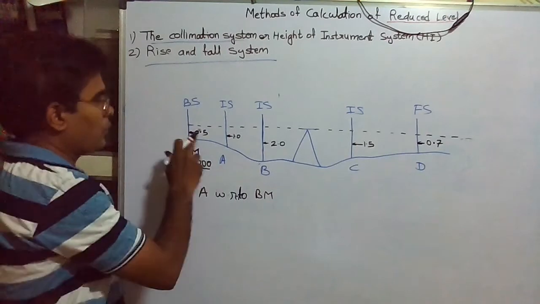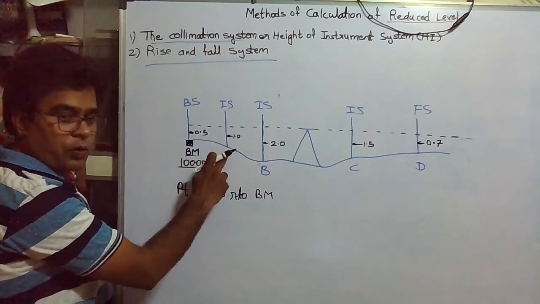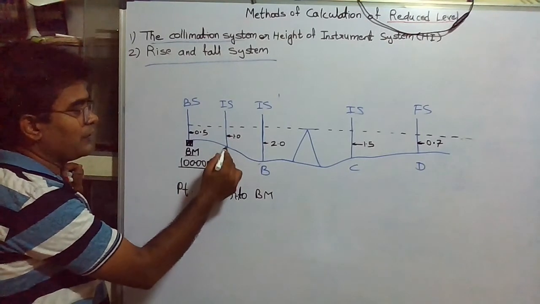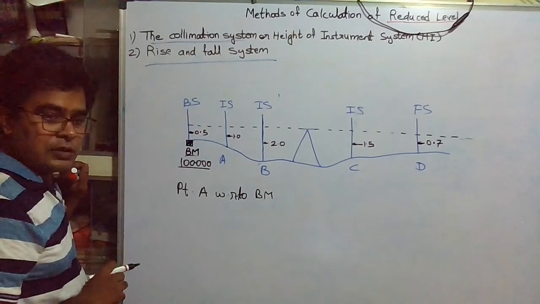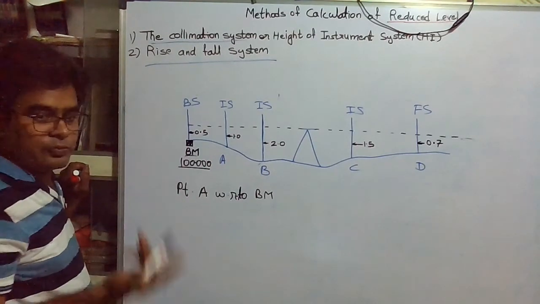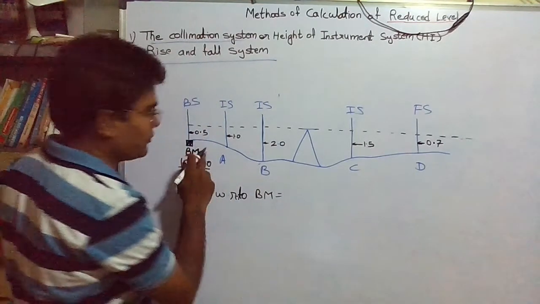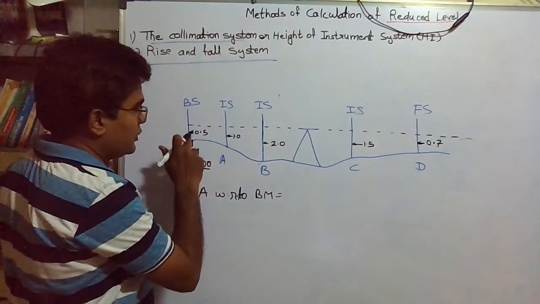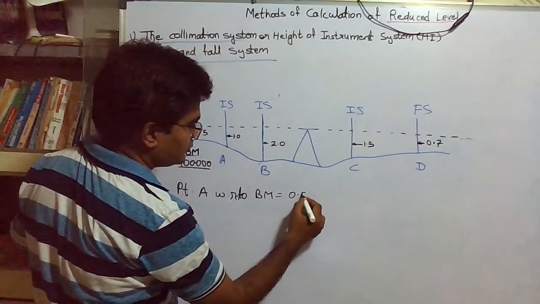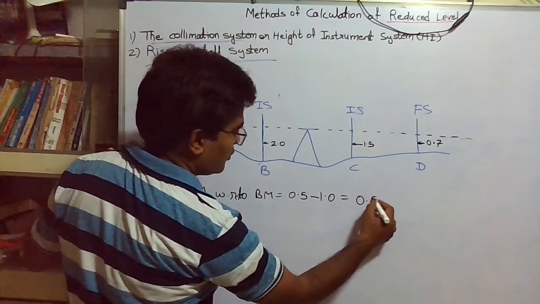What is happening here? The reading at the forward point is increasing. So we can say there is a fall. The reading is increasing, that point is at lower elevation, that is a fall. How do we find the level difference between these two points? It is this staff reading minus this staff reading, that is 1.0 minus 0.5, that is 0.5.